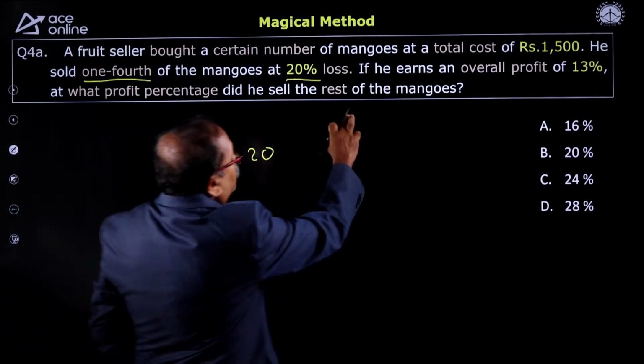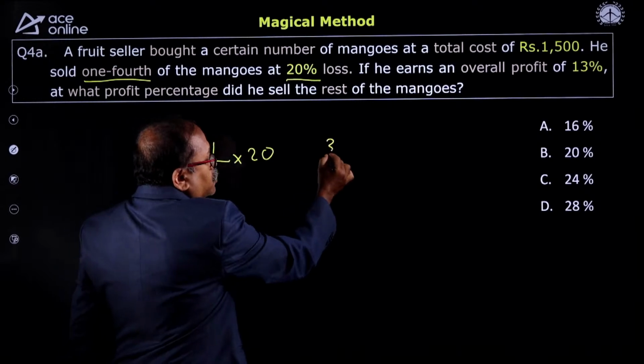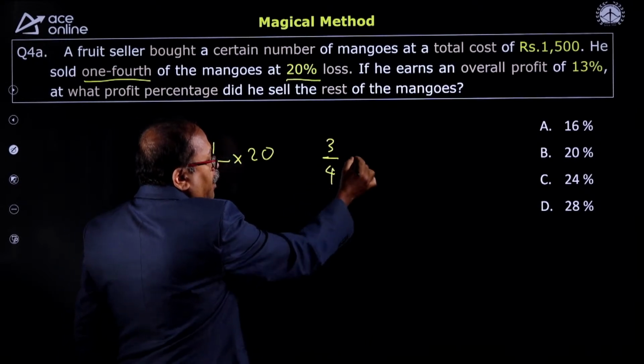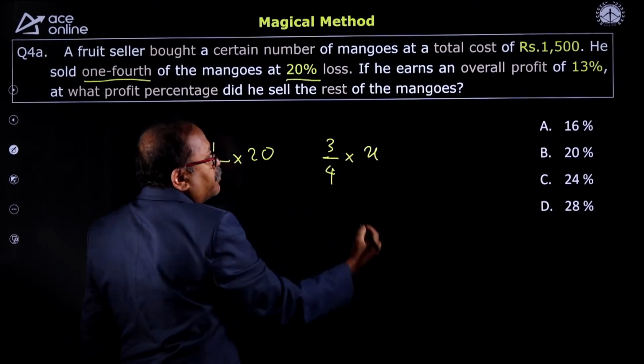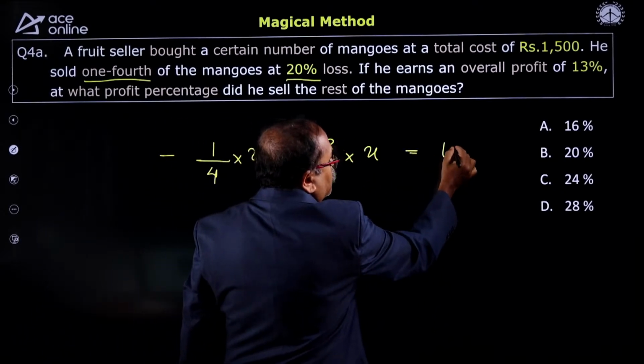And the remaining will be 3/4, so 3/4 at x% profit. Then only there will be an overall 13% profit.